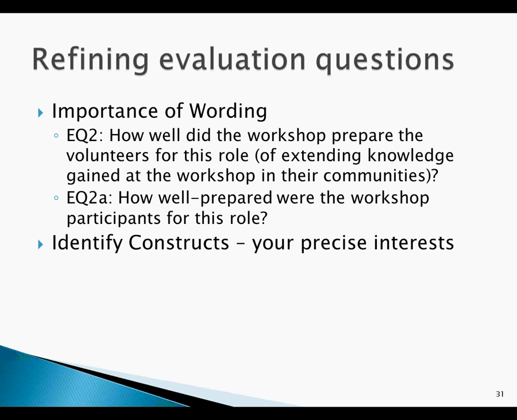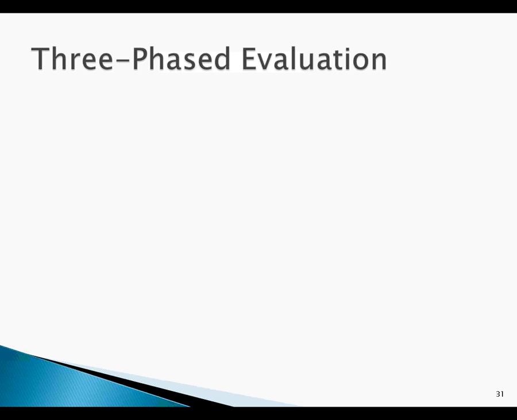Does it mean that they are skilled in instructional techniques? What do we mean by preparation? And then you can start to tease out what your intent was. What specifically were you looking for in the way of preparation? What does it mean by extending knowledge? Is it enough that they do an occasional newsletter? Or does it mean that they're conducting workshops locally? What do you really mean?